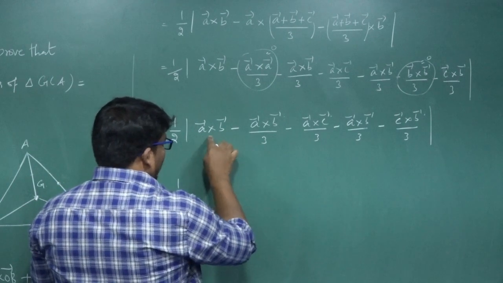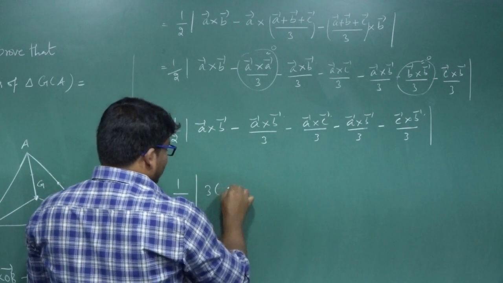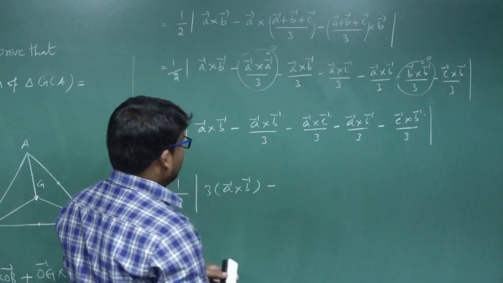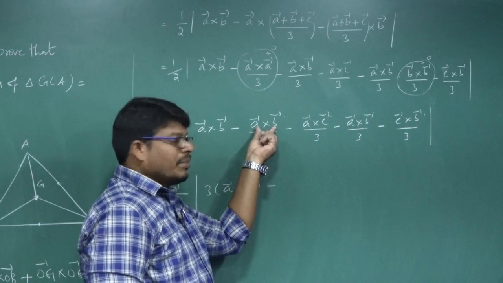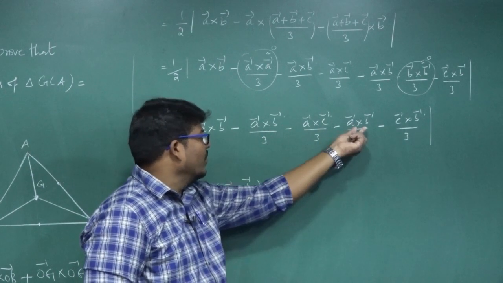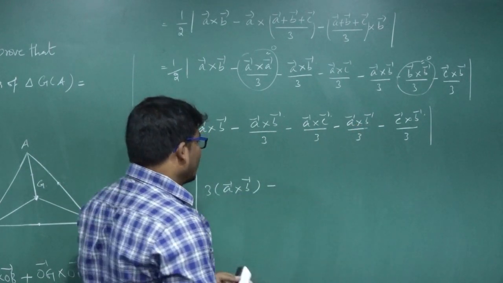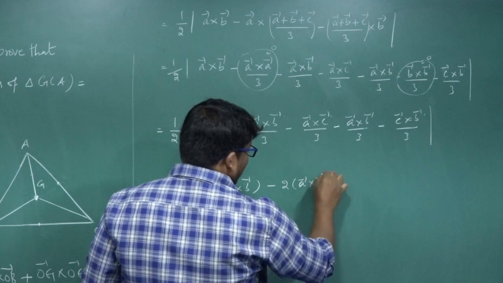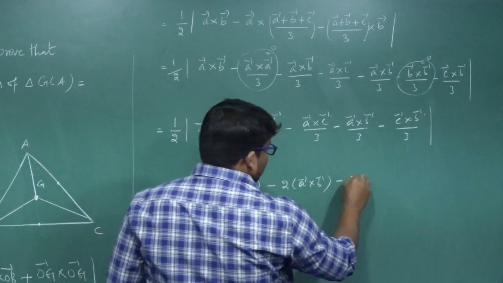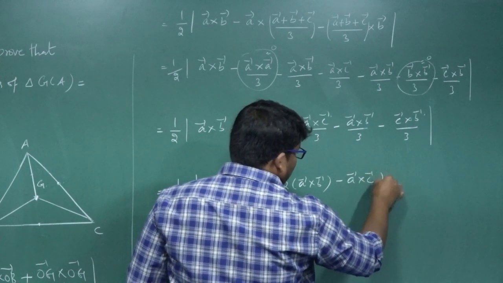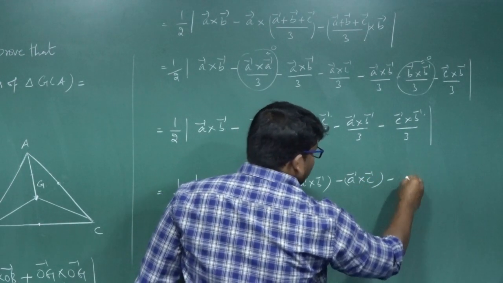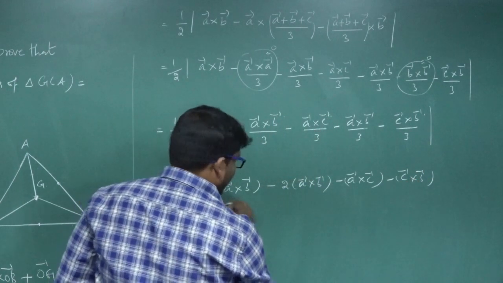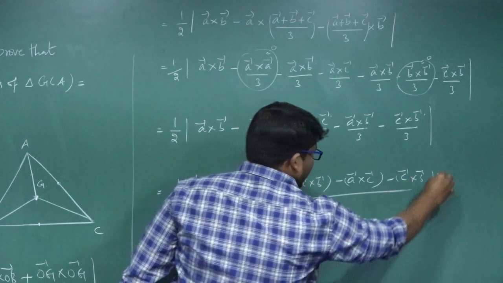Now cross multiply: 3 times A vector cross B vector minus A cross B, this term minus A cross B. That is minus 2 times A vector cross B vector. Next one, minus A vector cross C vector minus C vector cross B vector, which is divided by 3.